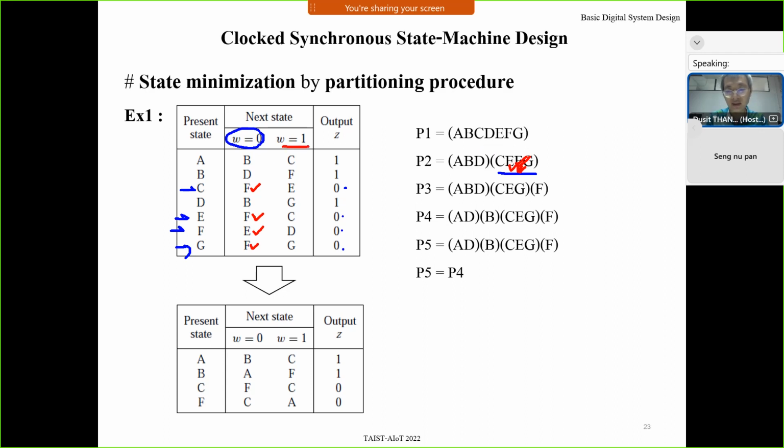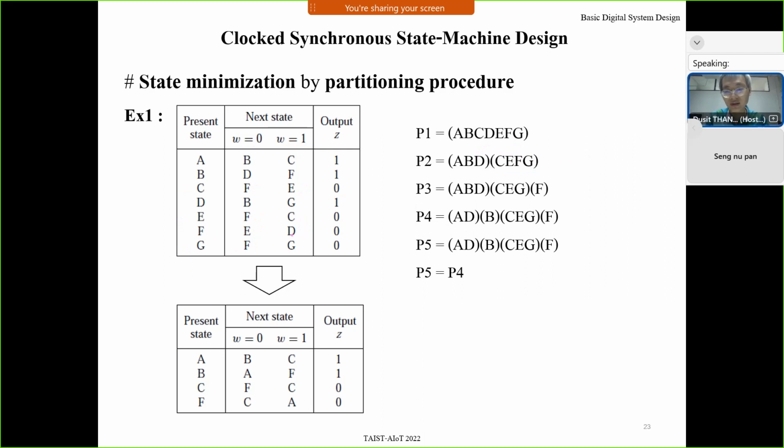But when input is 1, the next state of C is E. E is in this group. The next state of E is C. C is in this group, still okay, right? The next state of F is D, and D is in the other group. And the next state of G is G, in this group.